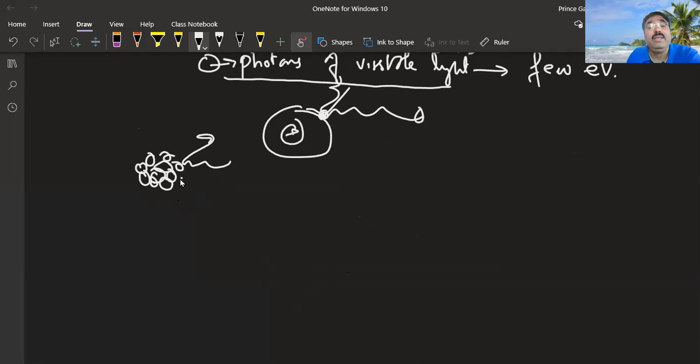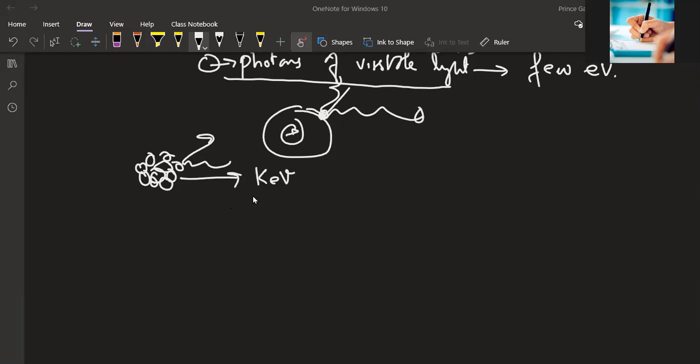But that energy would be in kilo electron volts. You see, length scale and energy scale go in opposite directions. The length scale goes up, the energy scale goes down. When the length scale goes down, the energy scale goes up. This is very interesting.